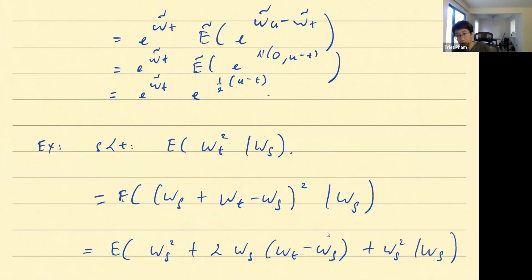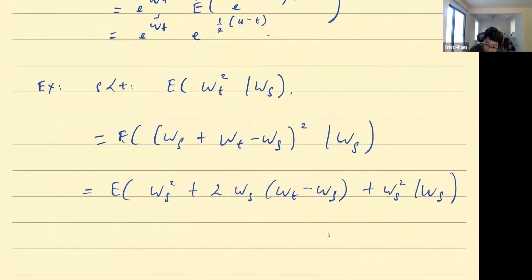Is that okay? Now you use your conditioning rule. Because you condition on Ws, you know what Ws is. Therefore the expectation is just itself.